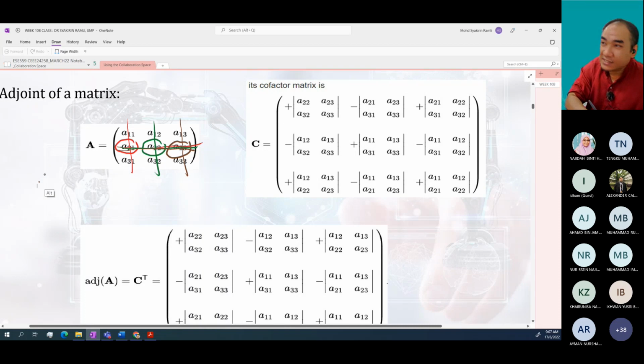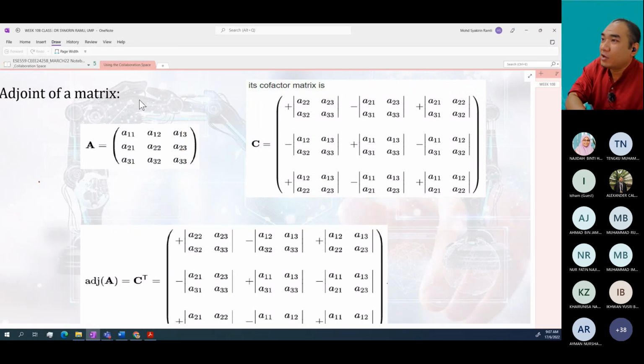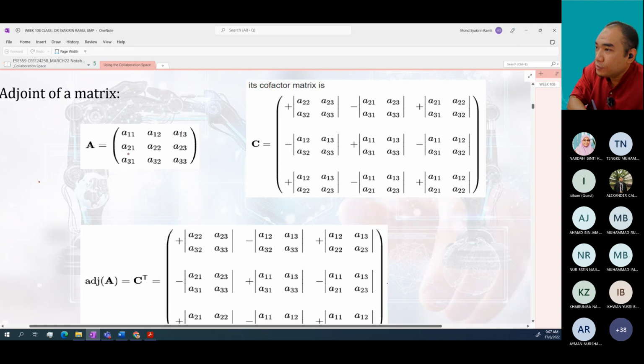What we can do is, let me erase this first. Okay. What we can do is, kamu tutup yang ini, kan? Kamu bayangkan you want to get the cofactor for this cell, jadi kita akan tutup yang ini. So you bayangkan kita tutup macam ini.